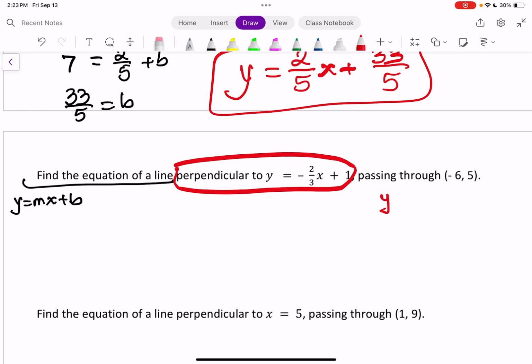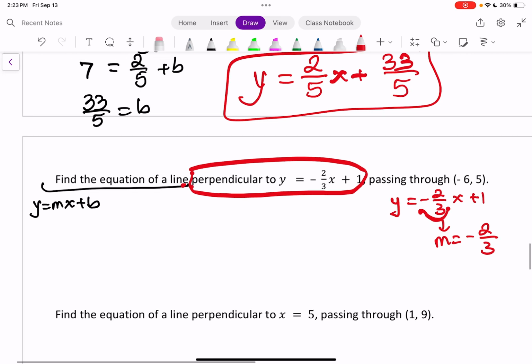Because it's perpendicular to this other line, by the way, thank goodness, this line here already is in slope-intercept form, so I don't need to hunt for that slope. It's already there. It's simply the coefficient of x on the other side of y. So that slope is negative 2/3.